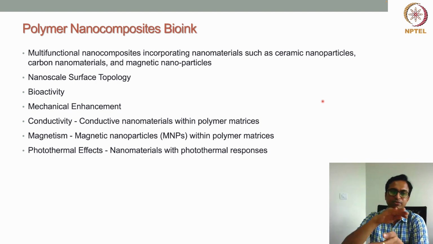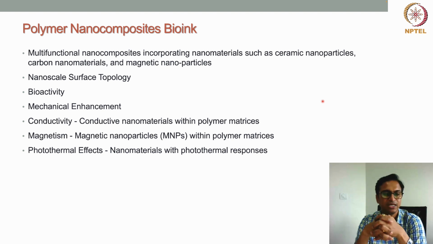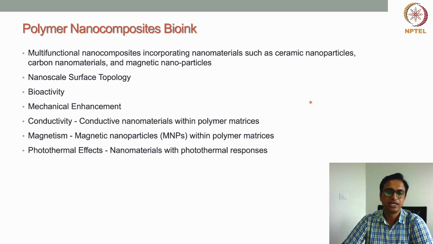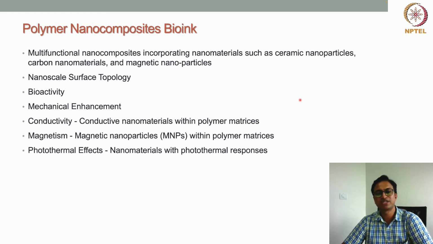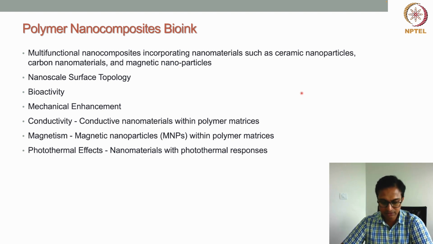Some nano surface roughness can be created, and it has been observed that as the surface roughness increases, the cellular response is far superior to that without this nano topology.